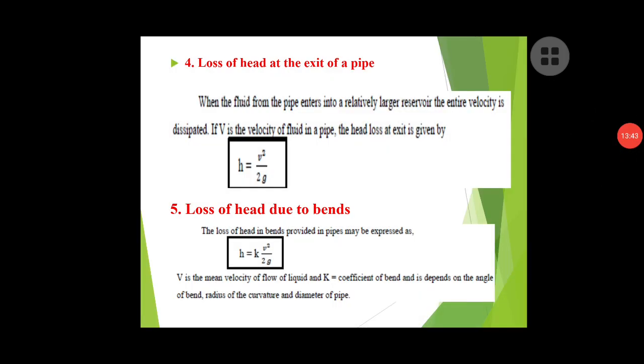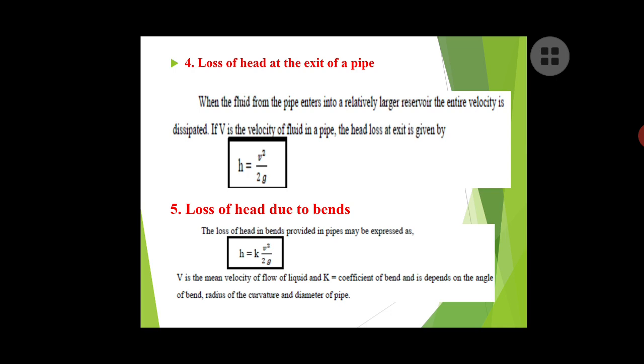Next is loss of head due to bends. The loss of head, if a bend is provided in pipes, may be expressed as H equals kV square upon 2g. V is the velocity and K is the coefficient of bend, which depends on the angle of bend, radius of curvature and diameter of the pipe. Bends consist of pipe fittings such as elbows, which are useful for determining the loss and minimizing the eddies.